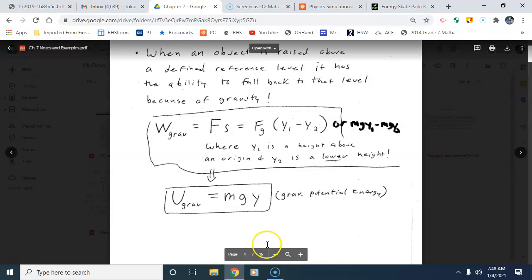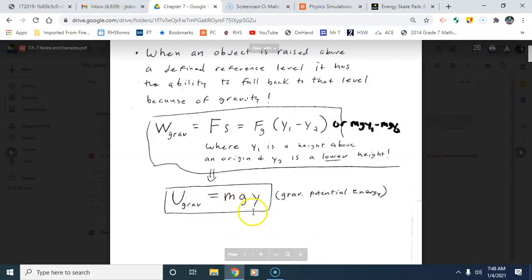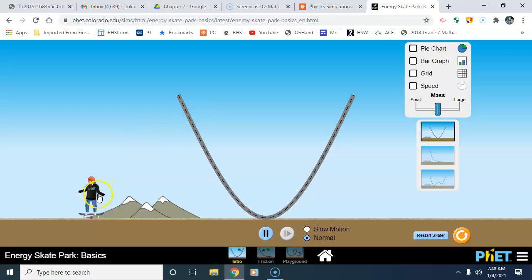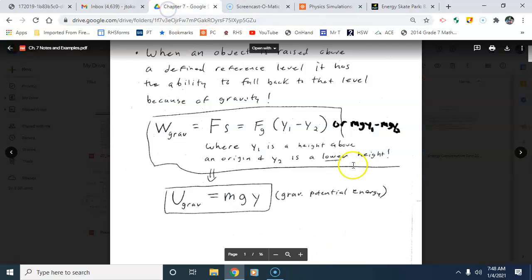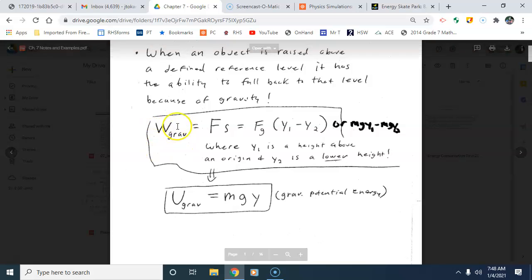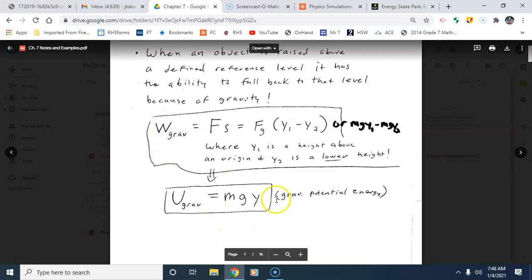But once we hold it and it's stored, it's just, in this example, same numbers I used, 400 joules. All right? So if I grab her, lift her up to here, and stop, the amount of work it took to get her up there is what is stored. And it's really, really close, other than a sign, to the same old formula for work specifically done by gravity. It's just a different sign.